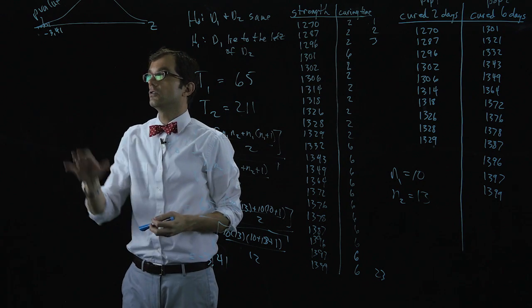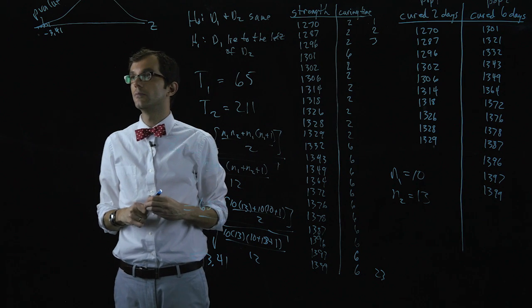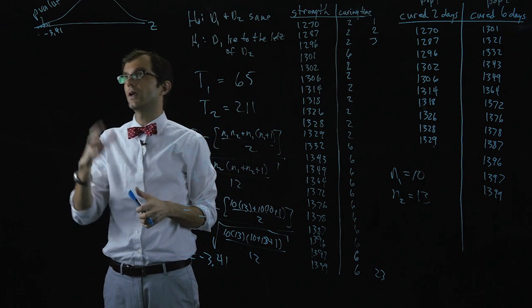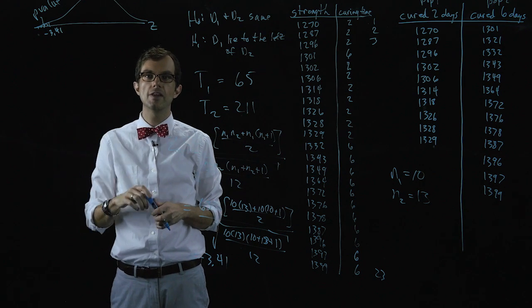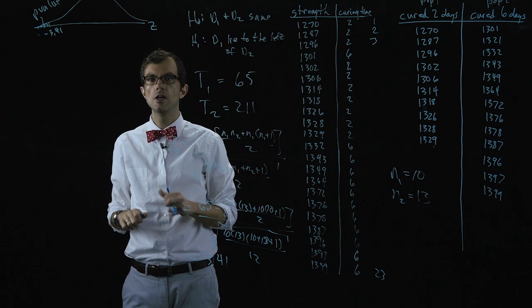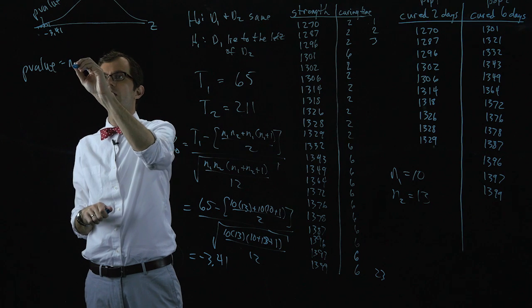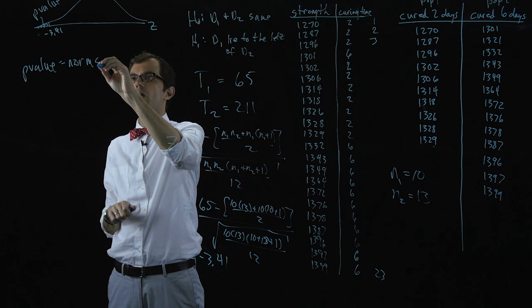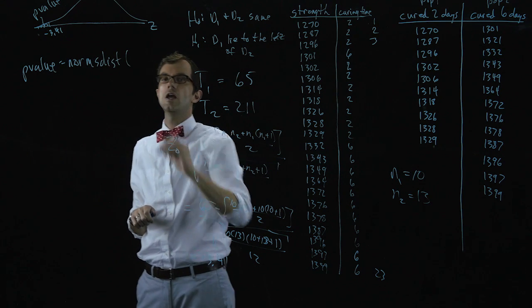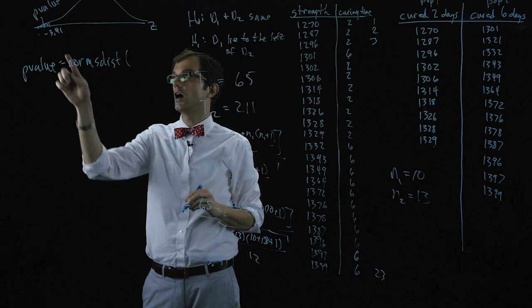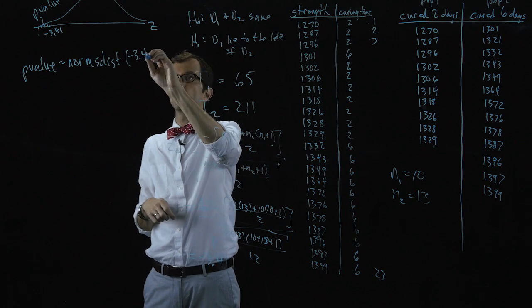Okay? So we can't use the tables, or we can make some assumption based on the table, but let's just use Excel, okay? So we're going to use the NORM.S.DIST function, and we're going to input our value of negative 3.41.